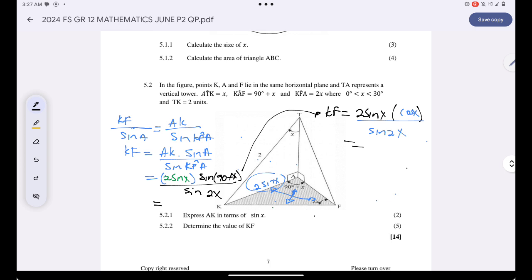Okay, 2 sine x cos x is the same as sine 2x, all over sine 2x, né? Simply means that KF is 1 unit. Are we together? So KF is 1 unit.